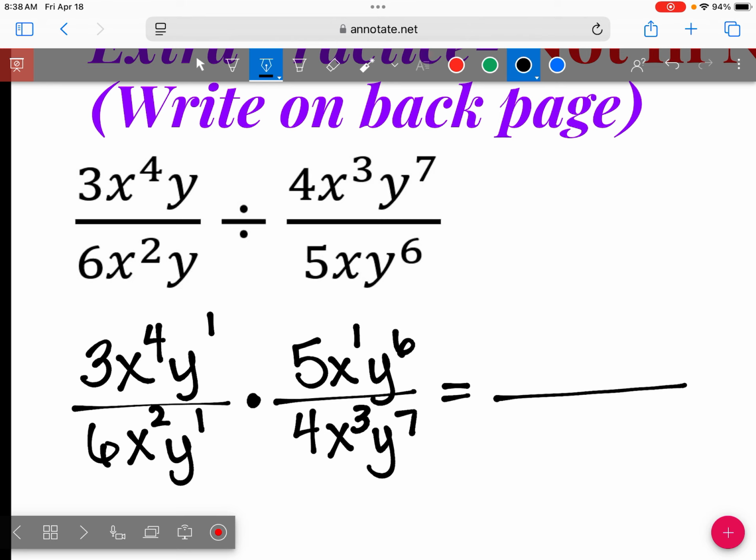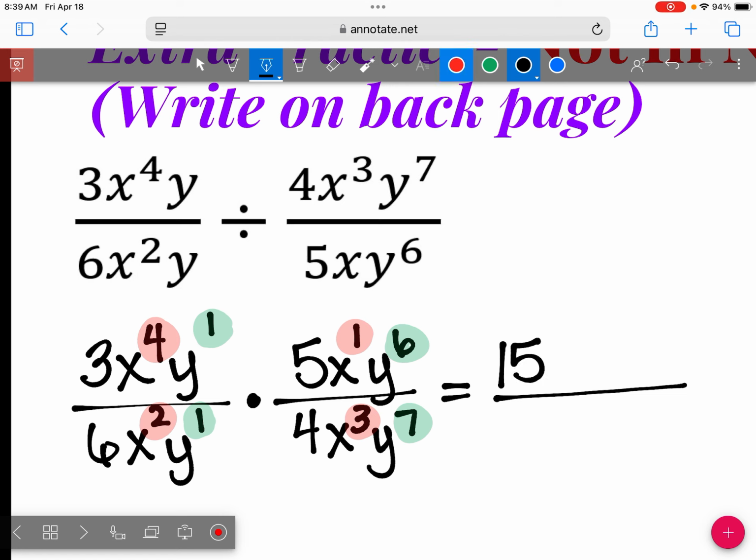So we are multiplying our numbers and adding our exponents. When we do 3 times 5, I gave you the answer. 3 times 5 is 15.